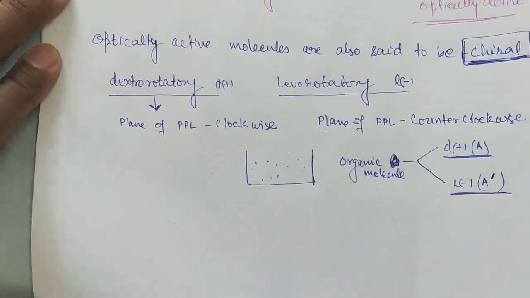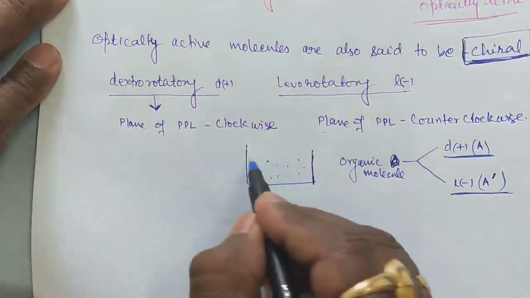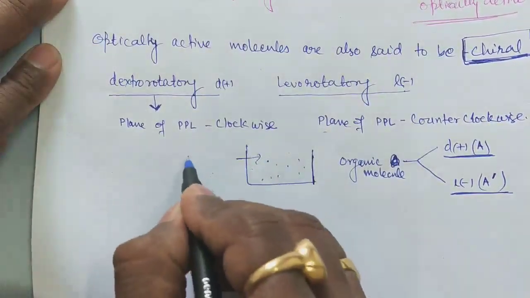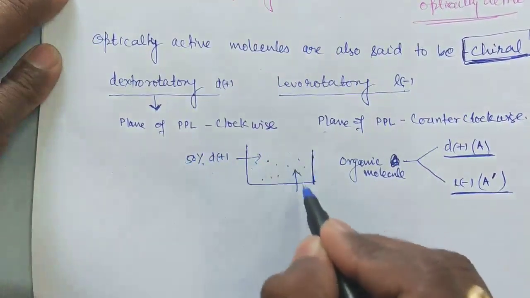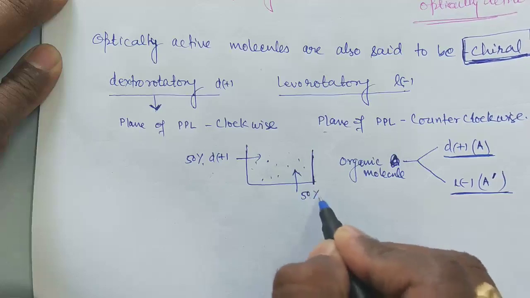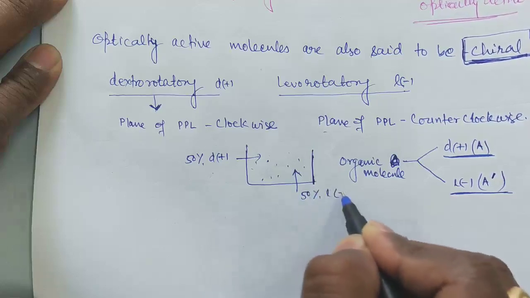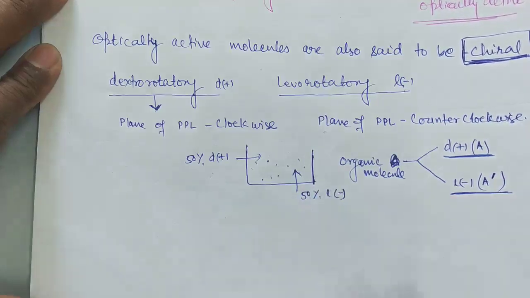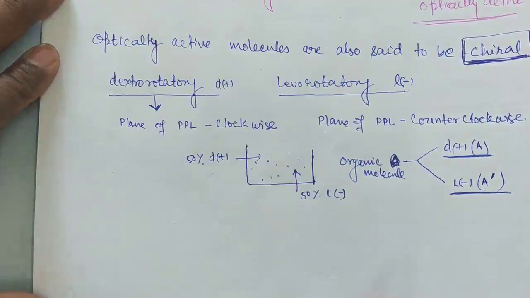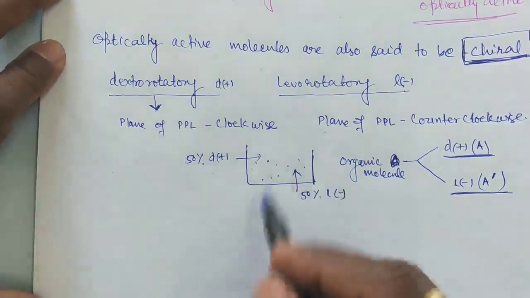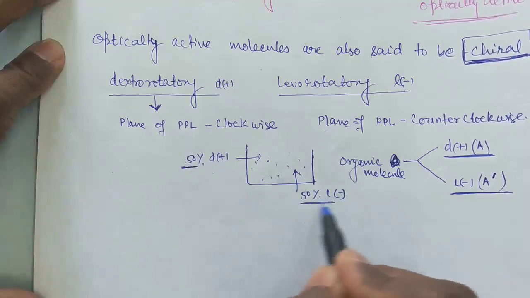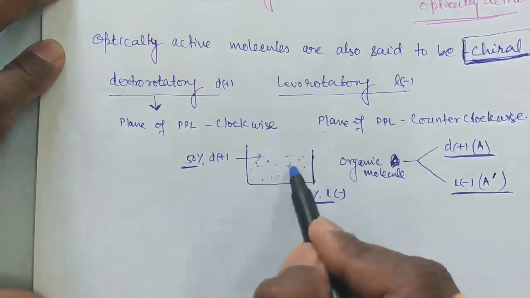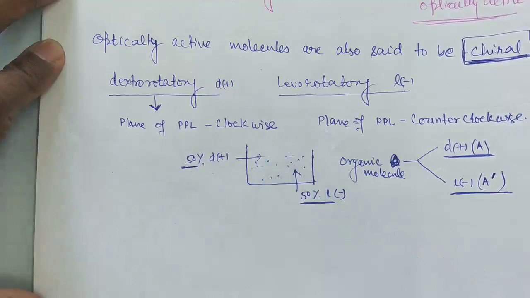Suppose we have taken 50% of D plus and 50% of L minus. This percentage you can take in terms of mole percent. So if we take 50% of dextro and 50% of levo, then what do you expect in this case?